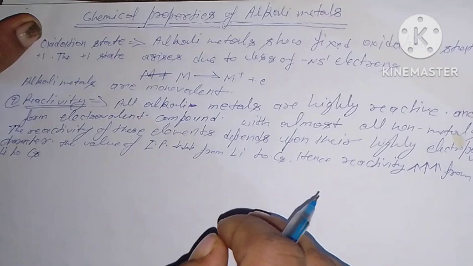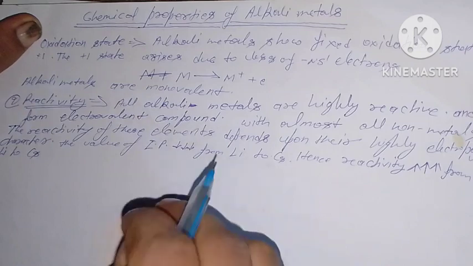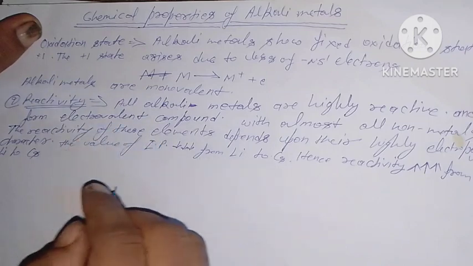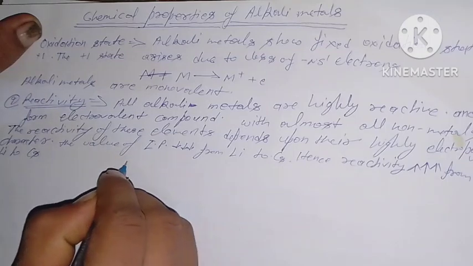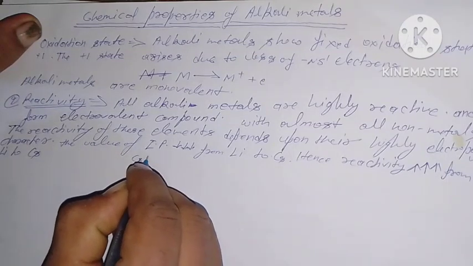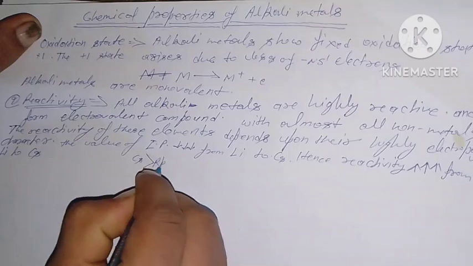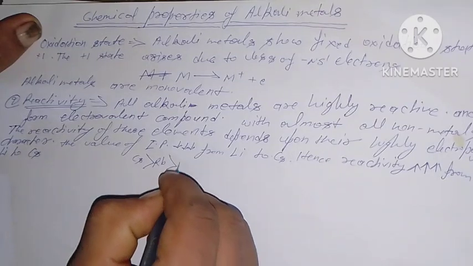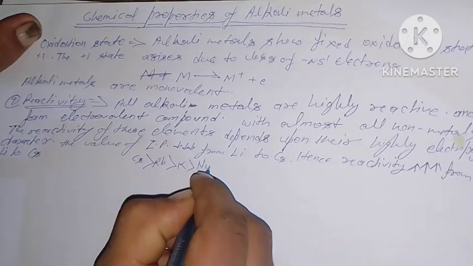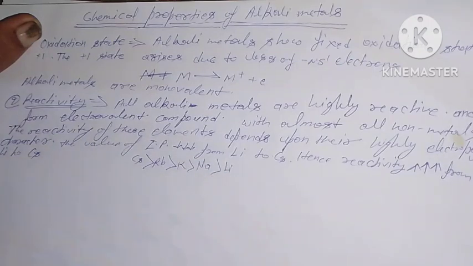Hence, reactivity increases from lithium to cesium. The order of reactivity of these elements is: cesium is greater than rubidium, is greater than potassium, is greater than sodium, is greater than lithium.